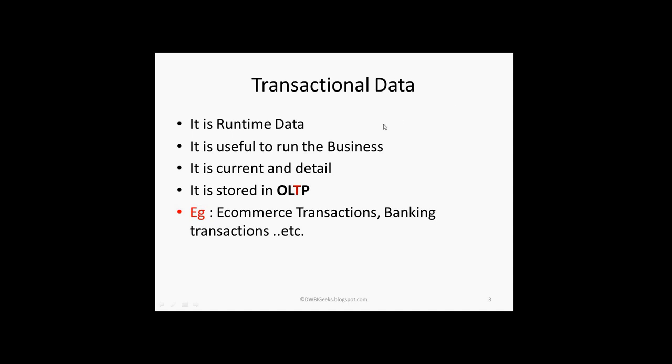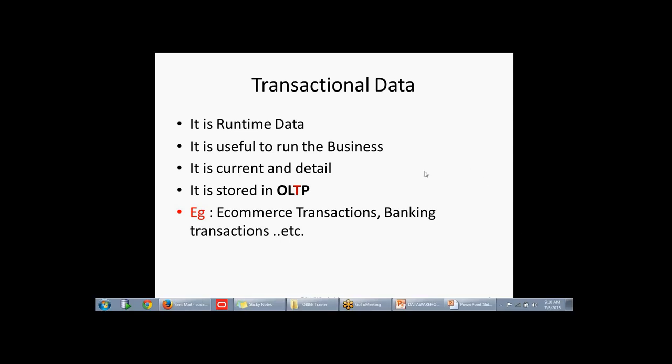Transactional data is nothing but runtime data. That is, this transactional data will be generated while our business is in running mode, and it is used to run the business. This transactional data will be current and detailed.